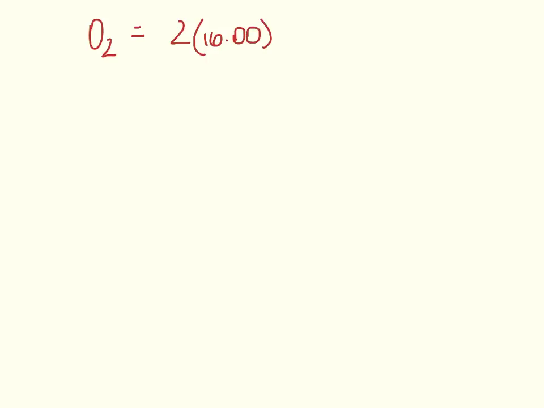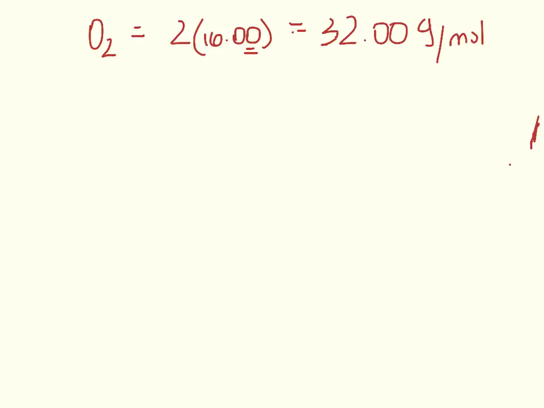Remember, we're always going to have these 2 decimal places. And so when we do that, we end up with our molar mass of 32.00, and our units are going to be grams per mole, because this is the mass of 1 mole of something.